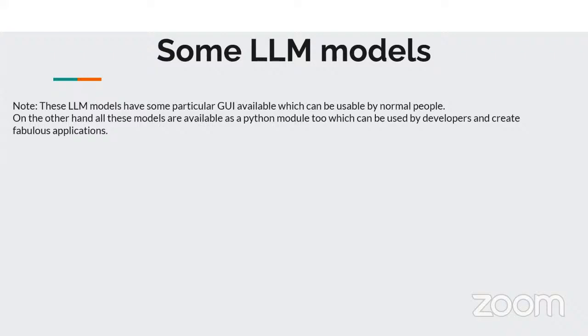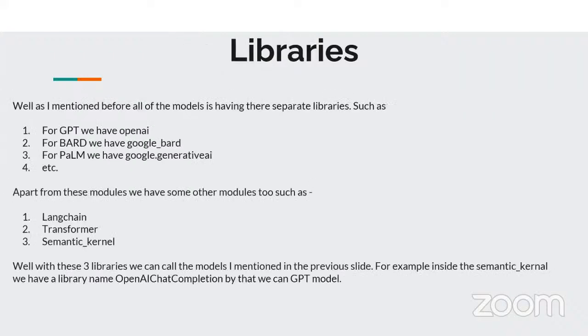So in module libraries, as I mentioned before, some models have their separate libraries, such as OpenAI for GPT, Google BERT for BERT, and google.generativeai for PaLM.